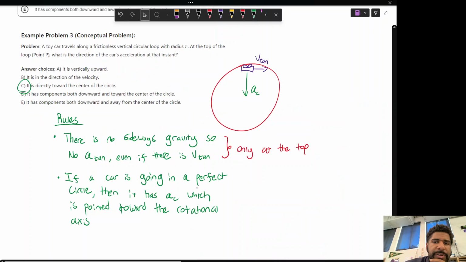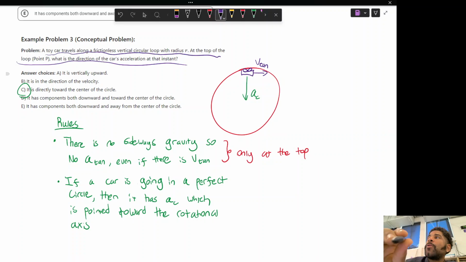In this one, we have a car traveling along a frictionless loop, and they're asking for the car's acceleration. Now, as we know, things can be speeding up with the car.